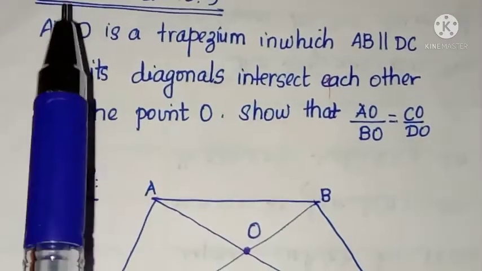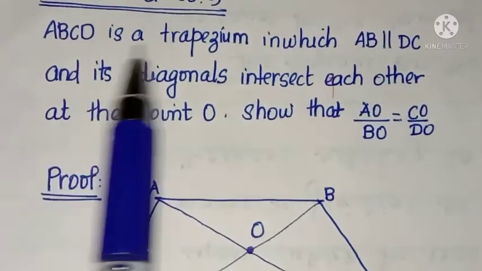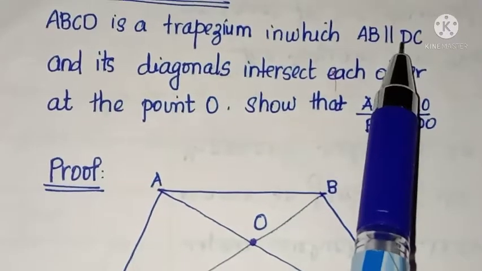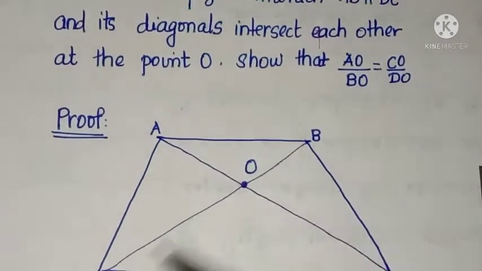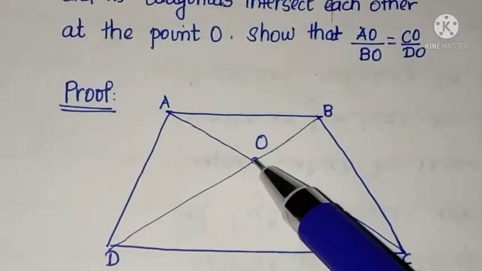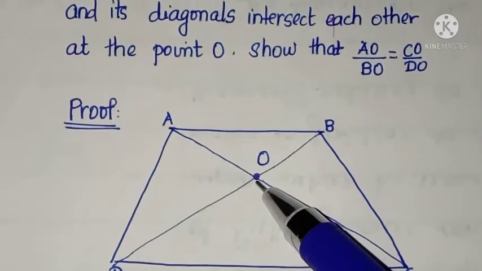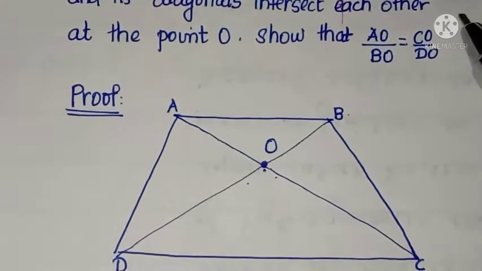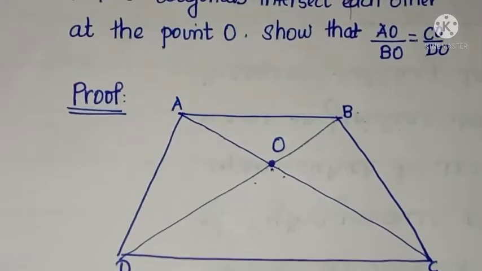Listen, a trapezium is given. Trapezium means one pair of opposite sides are parallel and the diagonals intersect each other at a point O. We need to show that AO by BO equal to CO by DO.